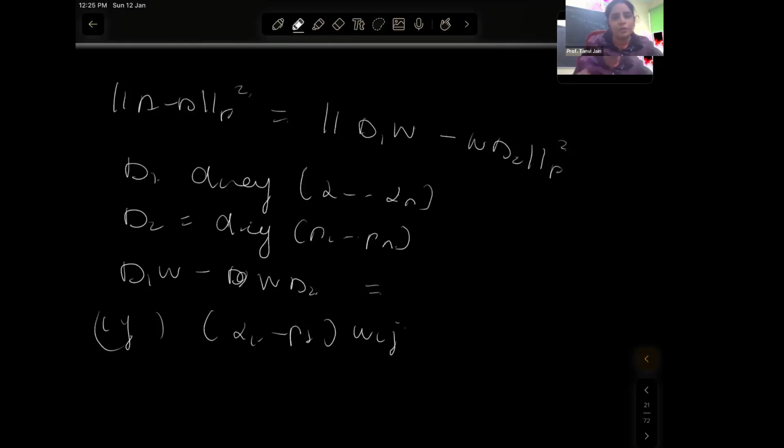It's just a simple matrix calculation, and very simple because D1 and D2 are diagonals.